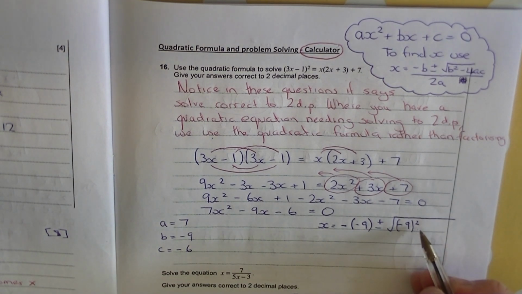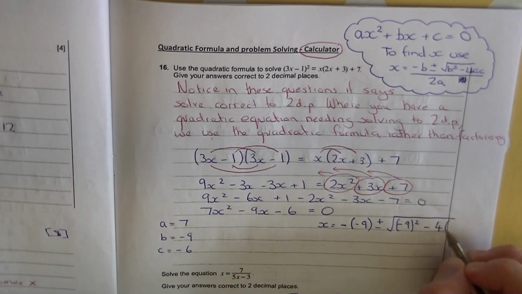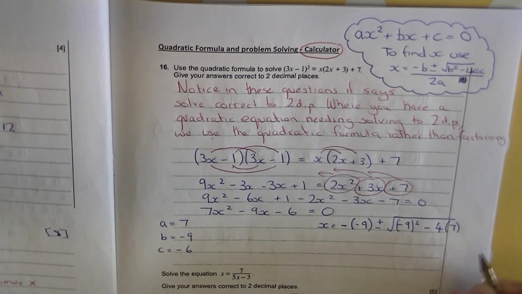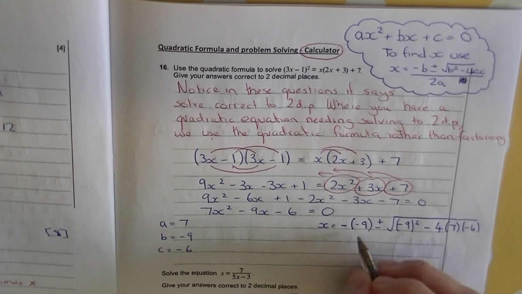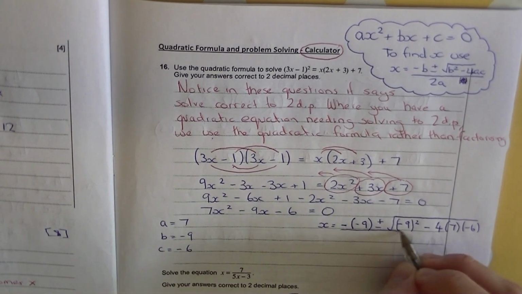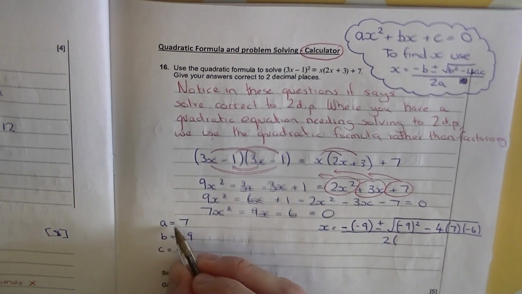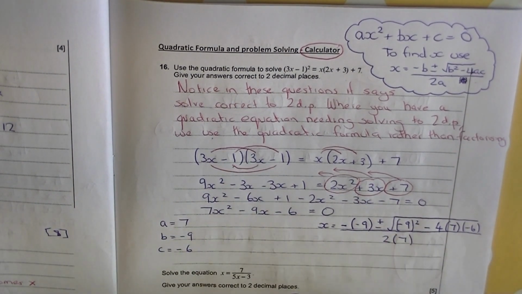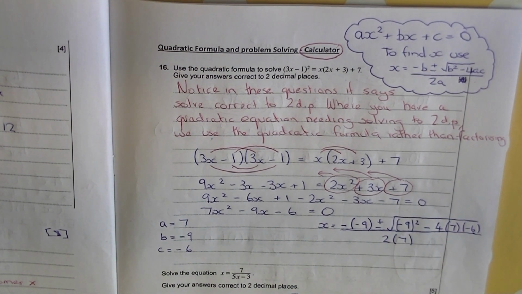Your Casio will probably tell you minus 81. I'll explain that another time. Minus 4 times A, in brackets 7, times C, in brackets minus 6. All divided by 2A, 2 lots of A, but in this case A is 7, so 2 lots of 7. Notice that I've used brackets to substitute all my A, B and C values in there.